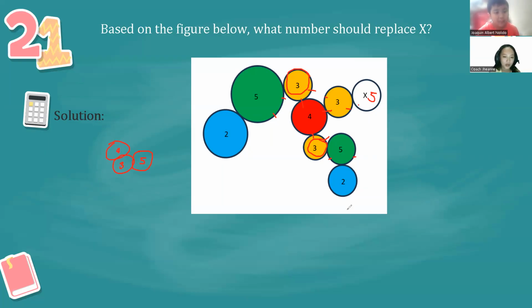If this is 4, that is already wrong because the yellow ball, the number 3 ball, would be attached to both red, and that is not the same as the other 2. Is that clear? Okay, thank you. Can we continue to the next? 22.